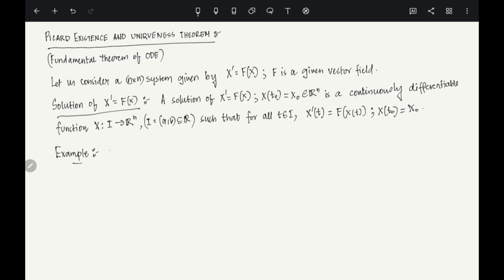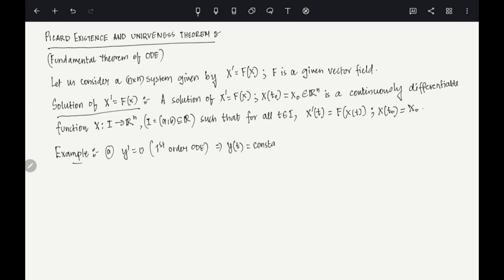Look at this example, y prime equals 0, just a first order ODE. You do realize that if I am writing y prime equals 0, that will imply y of t equals a constant, for any constant.